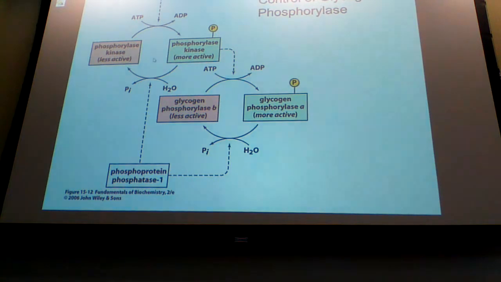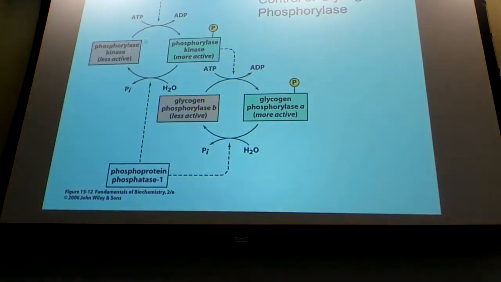Look for the signature. The book tends to show it's pink, but it's supposed to be red and green. So the less active versus the more active, the A forms versus B forms. So protein kinase A at the top, phosphorylase kinase, which becomes more active when it's phosphorylated, which phosphorylates glycogen phosphorylase, which becomes more active when phosphorylated, and then that will go down, break down glycogen.